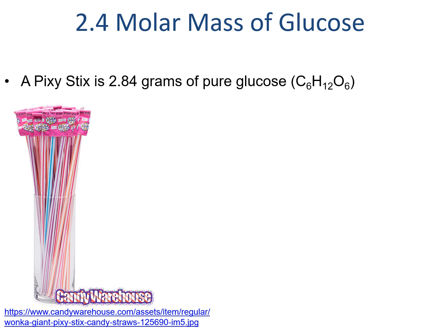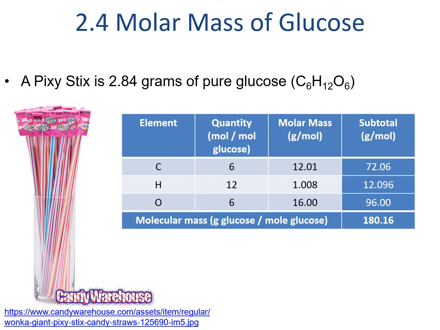It's worth noting that most substances are not just elements, but some sort of compound. The molar mass of the entire molecule, the molecular mass, is just the sum of all of its components, and it can be used in the same way. I actually set this up in Excel, but I made it all fancy for PowerPoint. I could add 12.01, the atomic weight of carbon, to itself 6 times, and then repeat with hydrogen and oxygen.